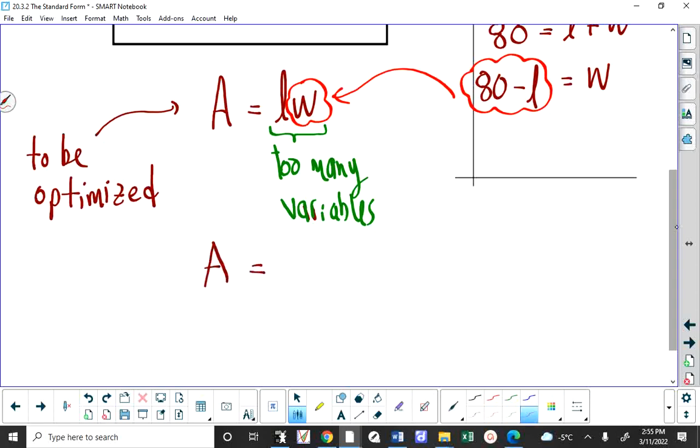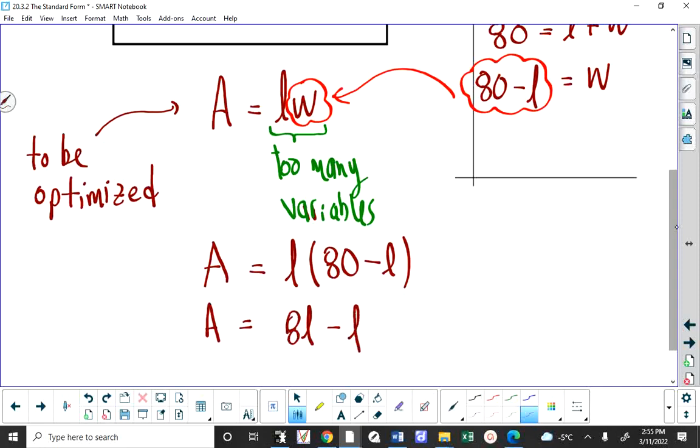So A equals L times 80 minus L. And if we simplify it, we get 80L minus L squared.